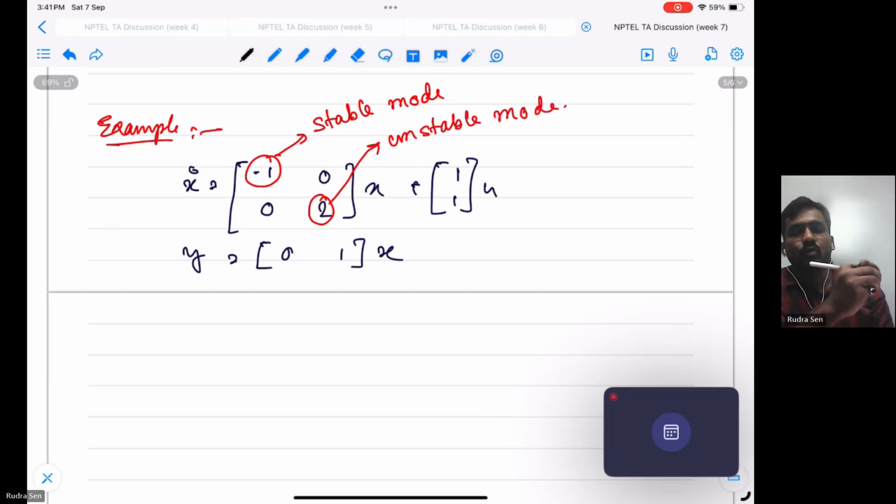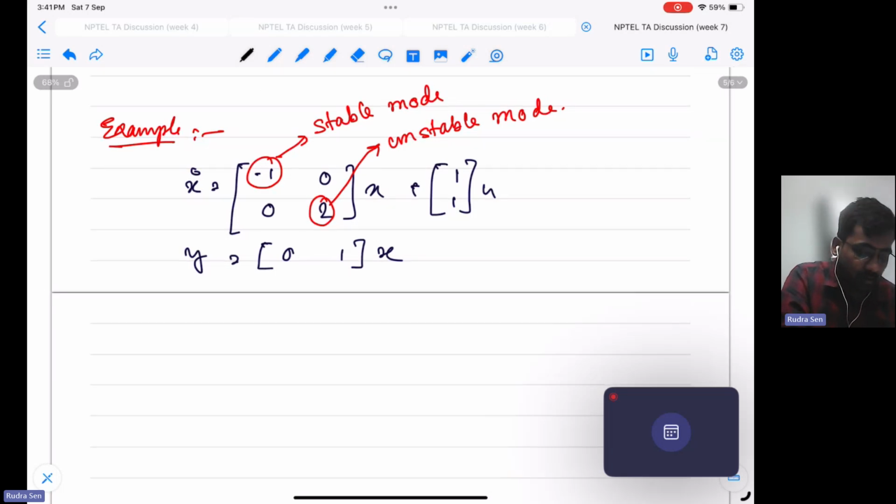What the logic says is that if the unstable mode is observable, then, since our matrix is diagonal, we can see directly that this unstable mode is observable, because there is a non-zero element over here.